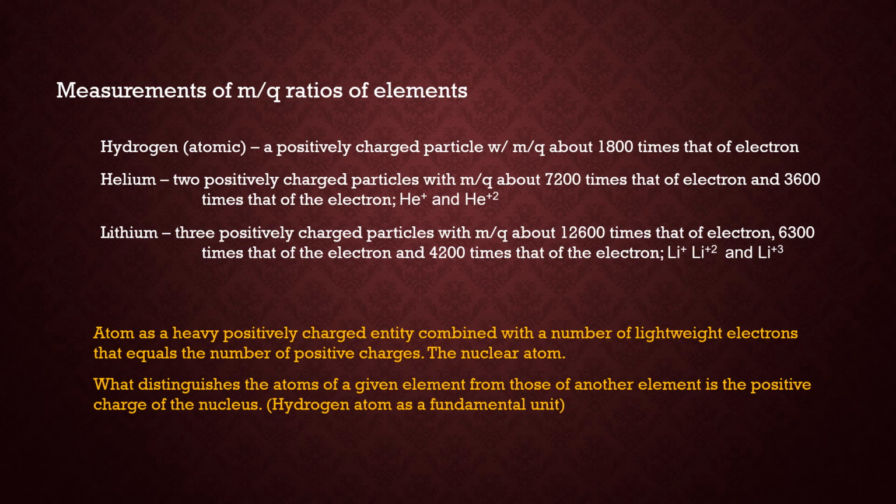So as a result of these types of experiments, you're beginning to get a picture of how the atoms are assembled. Namely, there's a number of electrons that are associated with heavy particles that are positive, and the light particles, which are negative, can be knocked off relatively easily.